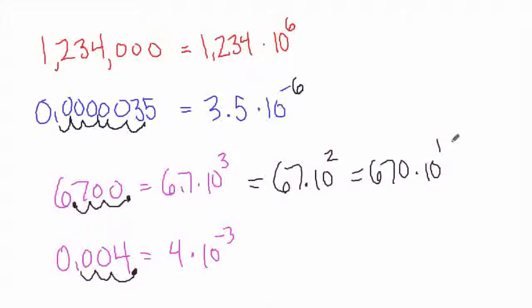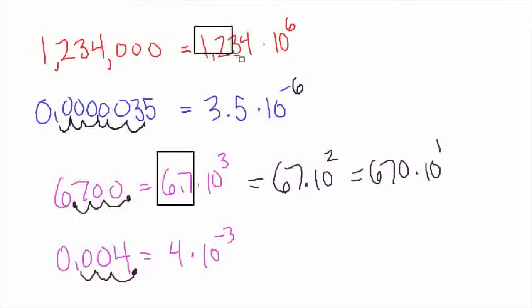So then the question is, which one is correct? Okay, the convention, this is just a convention, in order that we all mean the same thing when we say scientific notation, we want people to always give an answer where the number in front is between 1 and 10.